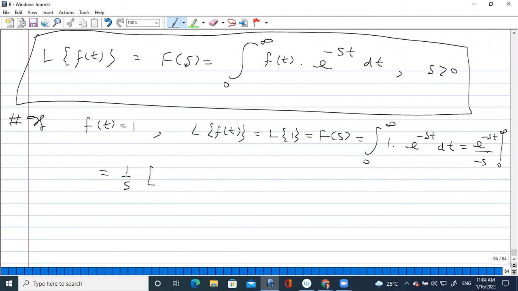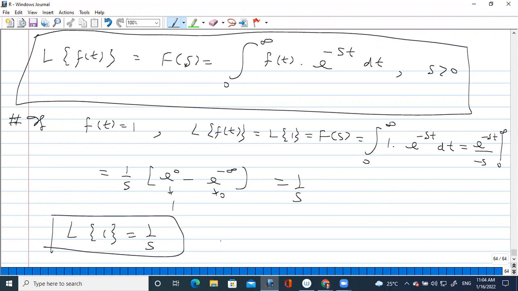So e to the power 0 will come first, minus, that minus I am multiplying inside, so minus e to the power minus infinity. So e to the power minus infinity is 0 only. e to the power 0 is 1 only. So the answer is 1 by s. So you can say Laplace of 1 is equal to 1 by s. So like this you can apply this formula. Note down this.